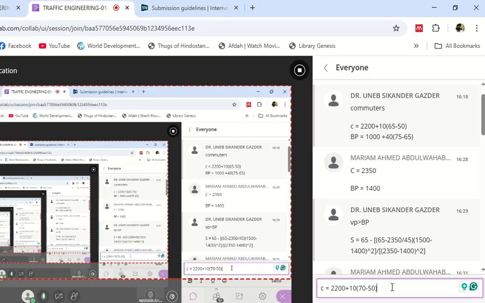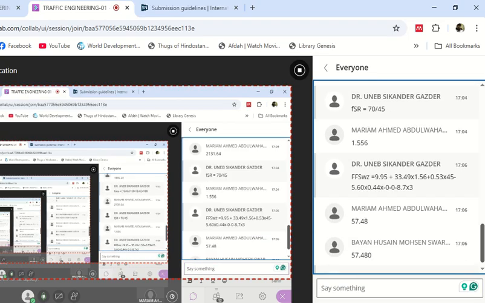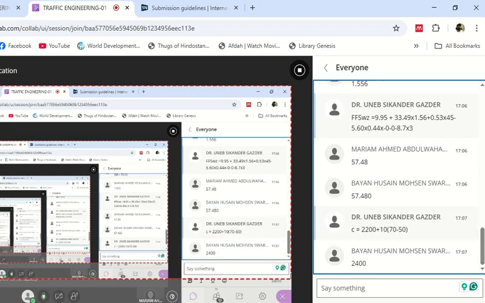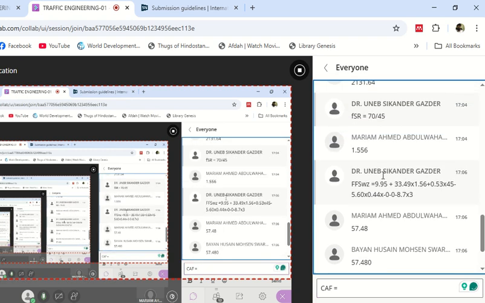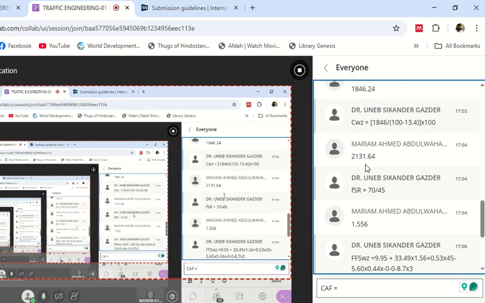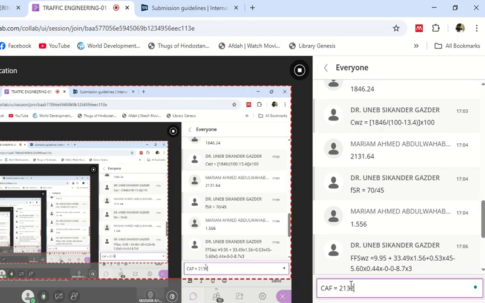Okay, how much is the normal capacity? Okay, so this is the normal capacity, and if you want the adjustment factor for capacity, it will be the capacity with the work zone, which is this one, 2132, upon normal capacity, which is this one. So how much is this?